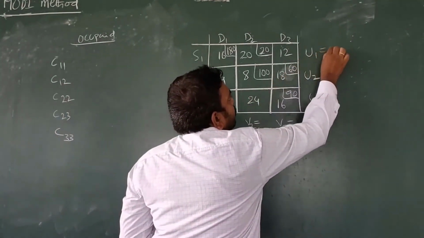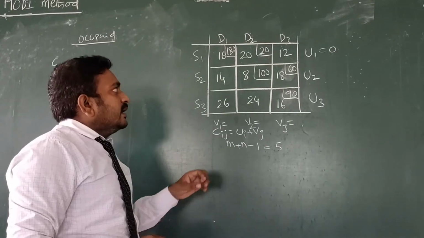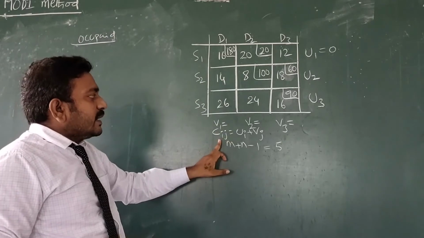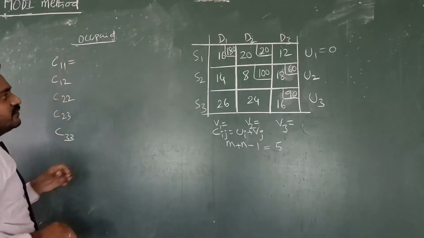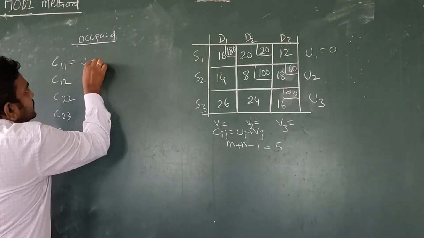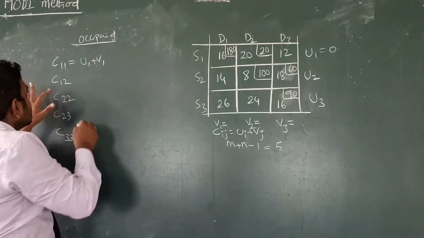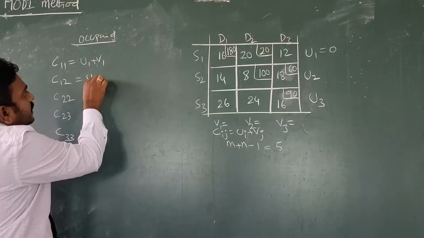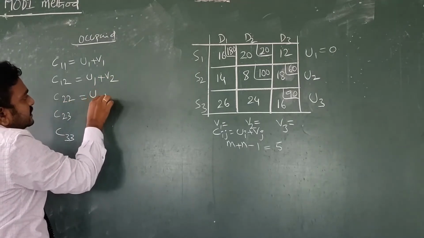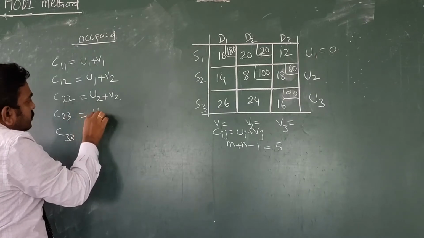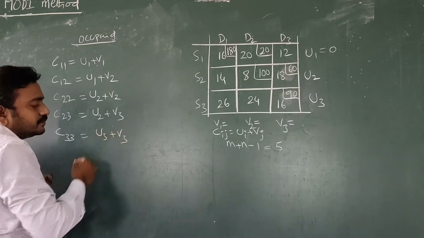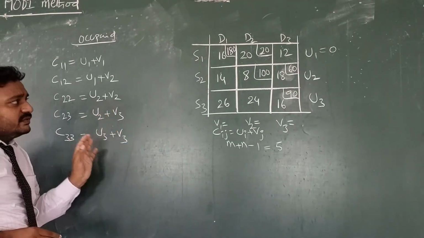Firstly, take this U1 value as 0. Then from there onwards calculate. C11 is U1 plus V1. C12 is U1 plus V2. C22 is U2 plus V2. C23 is U2 plus V3. C33 is U3 plus V3. Now find out these values.